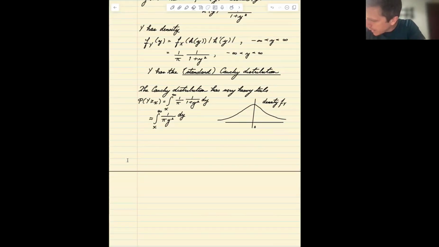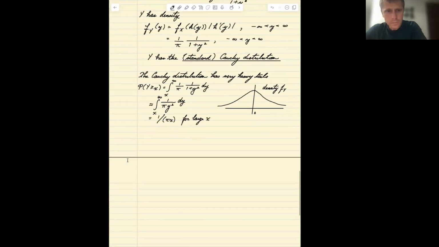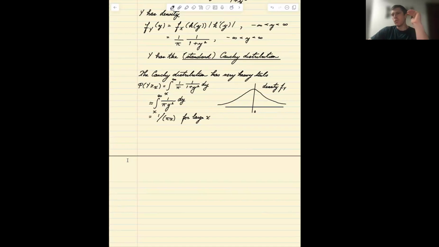This is 1 over pi x for large values of x. So the probability that the Cauchy is bigger than or equal to 1,000,000 is about 1 in 1,000,000, which is small. But if you calculated the same probability for a standard normal, you'd see that it's infinitesimally small, something like 10 to the minus 60 potentially. I'm not saying that's exactly what it would be, but it would be orders and orders of magnitude smaller.